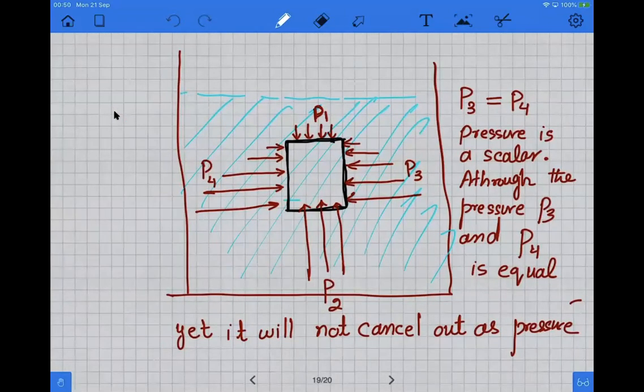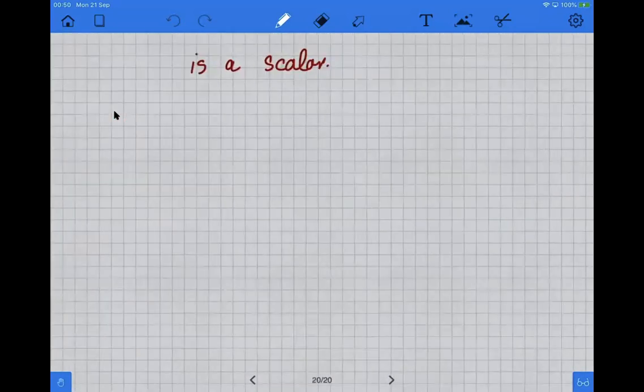As pressure is a scalar, so it will not cancel out. Yet it's a squeezing effect.